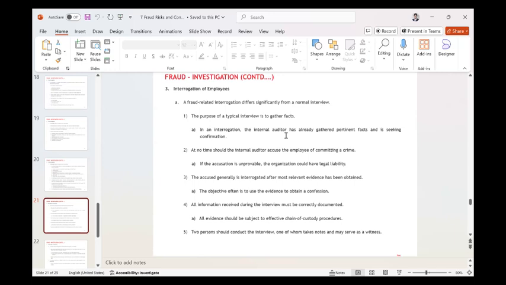When you go towards the end, you know how that person has committed the fraud. You know how the fraud was committed. You have evidence, all that. So when you do the interview then, it's an interrogation. And the objective of that would be, it's called an admission seeking interview. It's not just an informational interview.